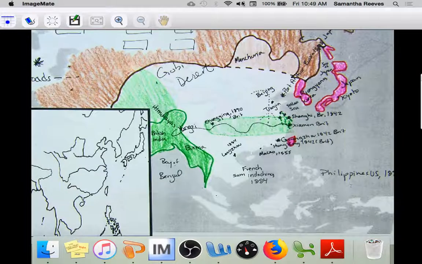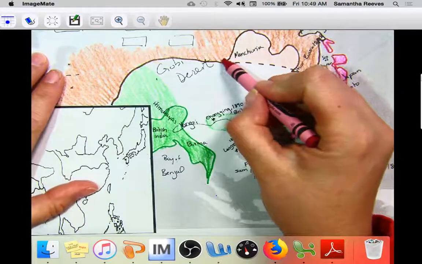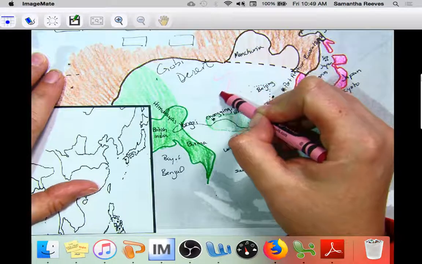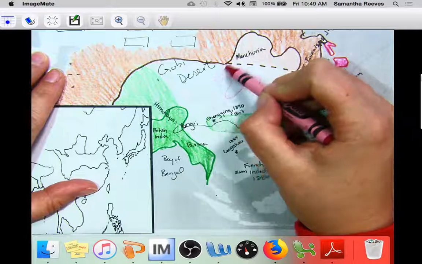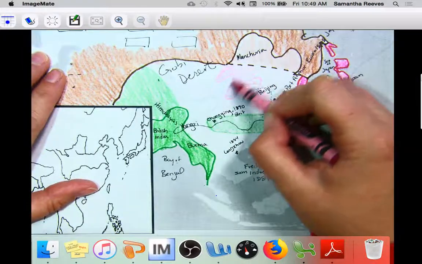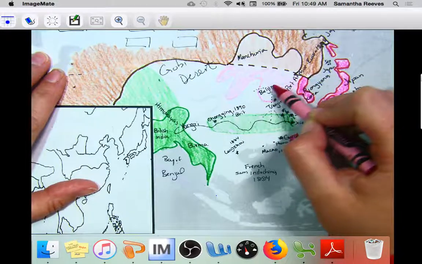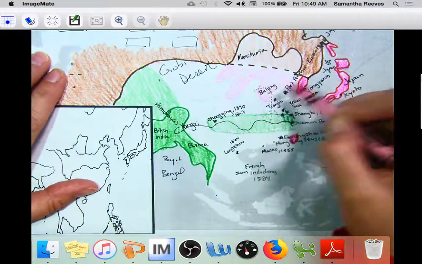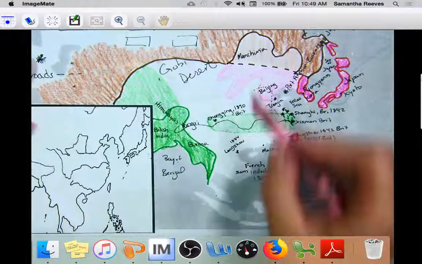Alright, there you go. So, this is your sphere of influence, so nice and light. Now, who is Japan constantly bumping heads against? Russia. Russians and Japanese don't really get along. They're going to have a lot of bad blood.